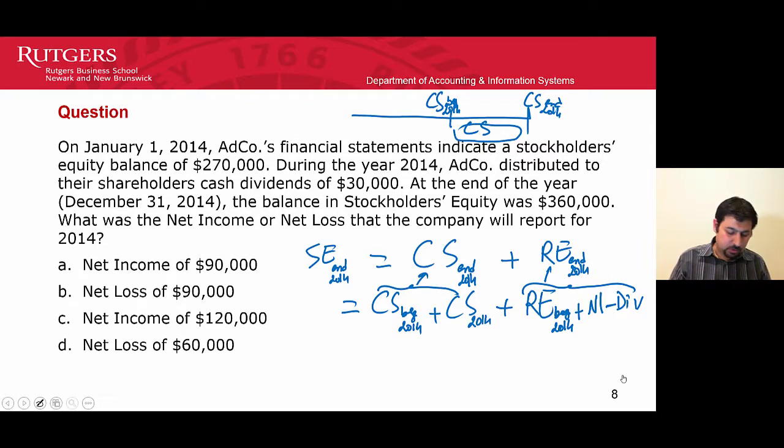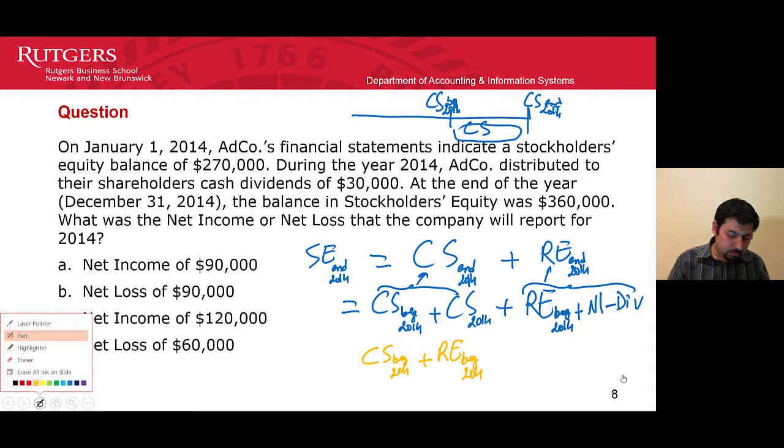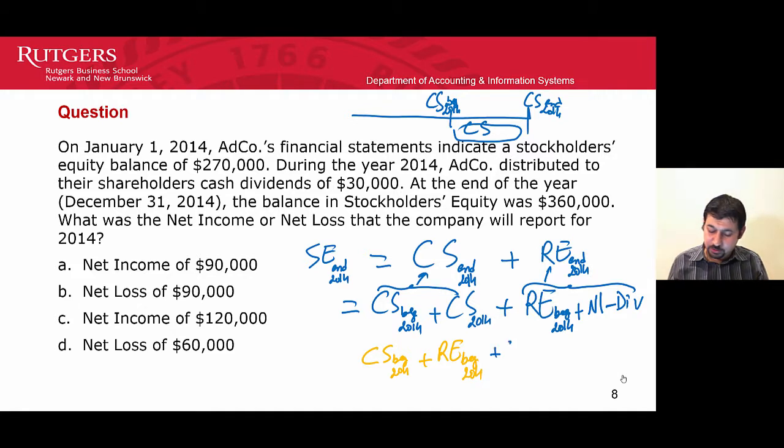Now let's rearrange those numbers a little bit. So let's have here common stock beginning 2014 plus retained earnings beginning 2014, and then we continue. We put the remaining ones: plus common stock in 2014 plus net income minus dividends.